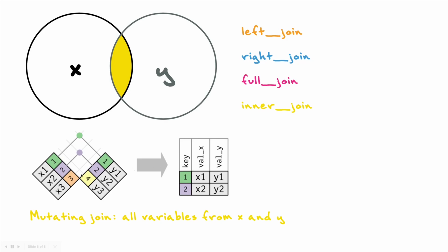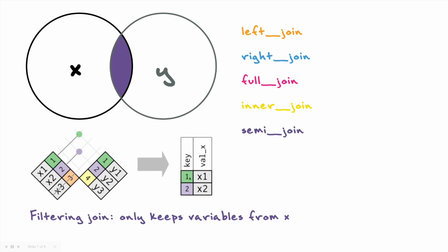The first one is from our X data frame, the second one is from our Y data frame. And when we compare this with the result from the semi-join function, we see that it now only kept the variable from our X data frame.